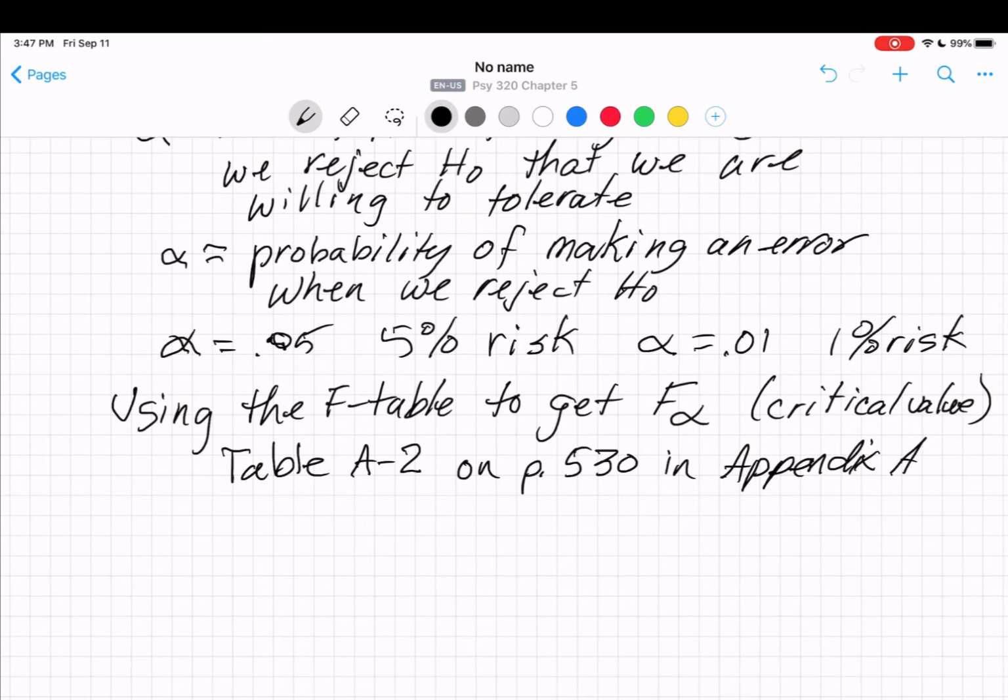I'm going to show you the table in a second, but before we get to that, you need to know certain information about your example in order to do this. Okay, so you need to know your degrees of freedom for between group.